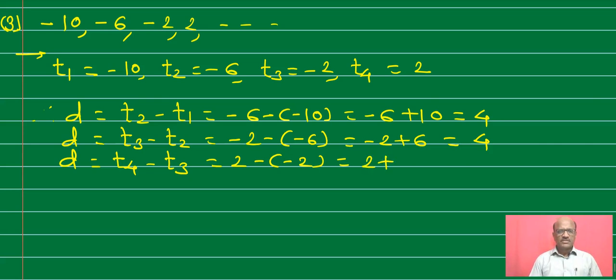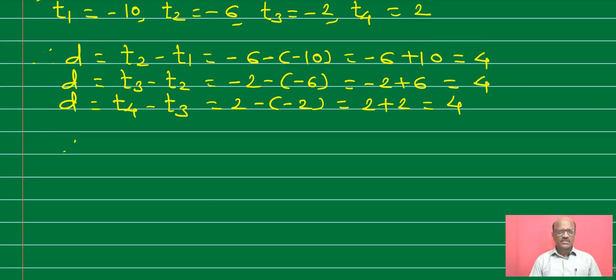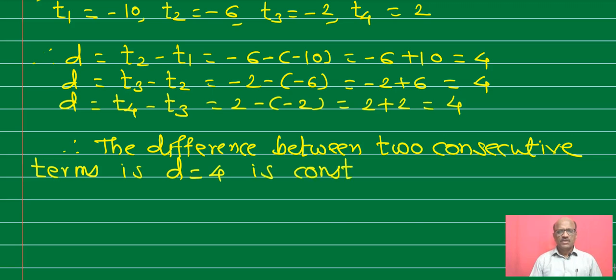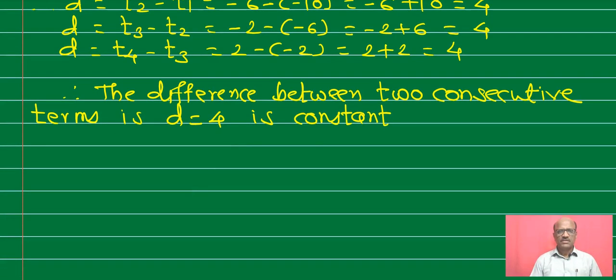T4 minus T3, that is 2 minus in bracket minus 2, that is 2 plus 2 is 4. The difference between two consecutive terms is constant, that is 4, and hence the given sequence is in AP.